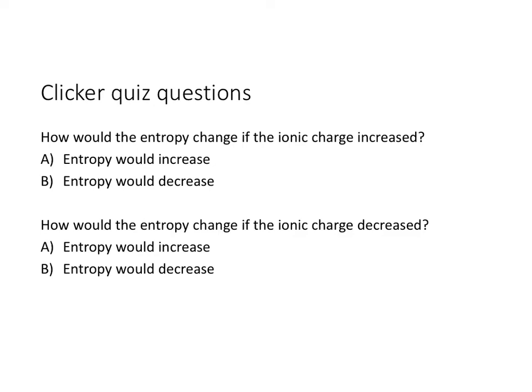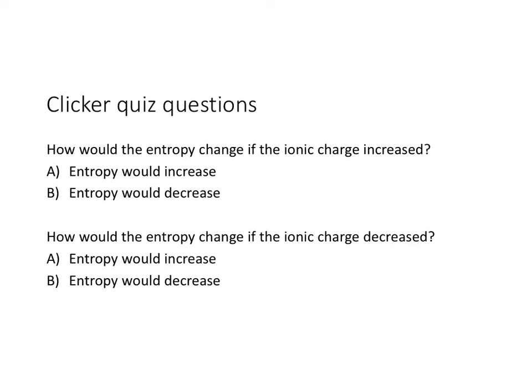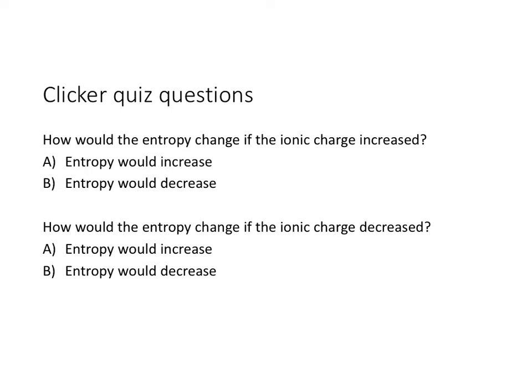Okay, let's think about these clicker questions here. How would the entropy change if the ionic charge increased? Well, we can imagine this particular situation. If we have an ion with a fairly weak charge versus an ion with a fairly strong charge, then near the weak ion, the solvent molecules are not going to be all that affected.